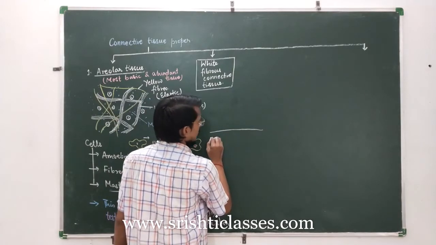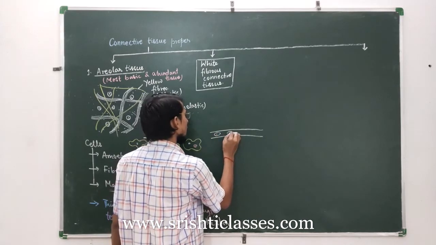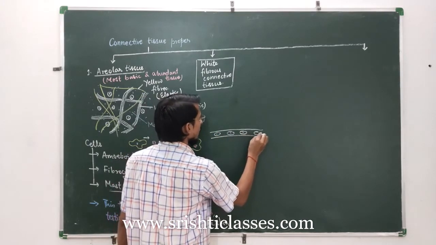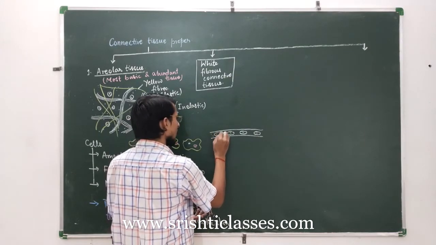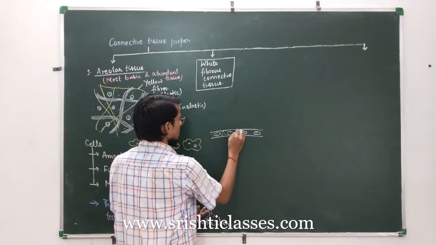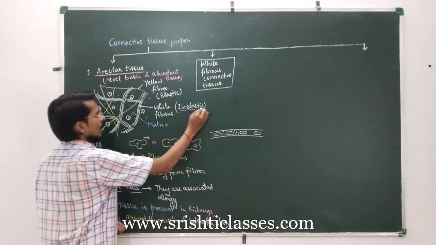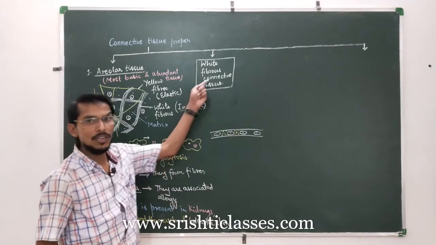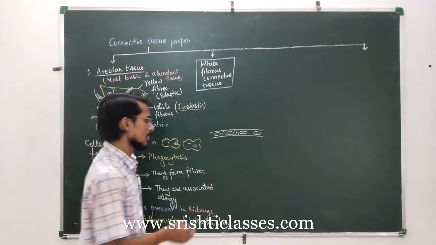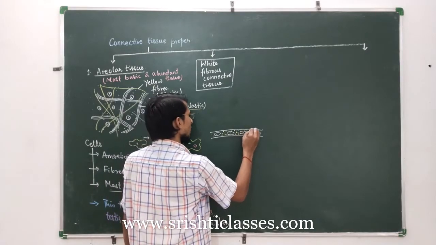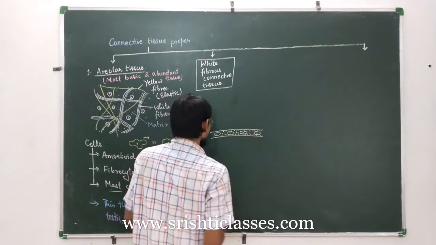When you see this tissue in a microscope, you will observe the following structure. This type of tissue contains bundles of white fibers, and as you know, white fibers are inelastic. So the whole tissue will be inelastic due to presence of bundles of white fibers. And the cells which form fibers, that is fibrocytes, are present in this tissue.